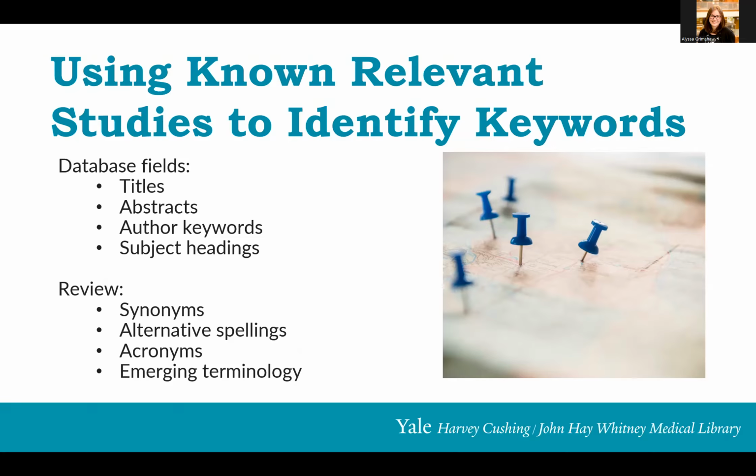You'll want to think about synonyms, alternative spellings, acronyms, and emerging terminology within the title, abstract, author keywords, and subject headings. Although emerging terminology is super important, it's also important to think about historic terminology when creating an evidence synthesis search.